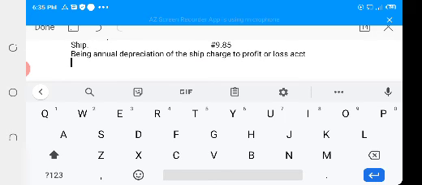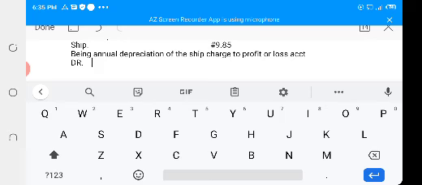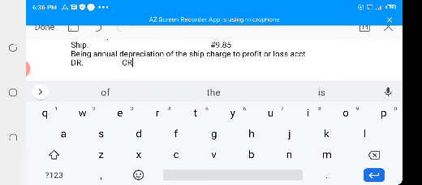So for the overhaul, we have the same thing. We have debit and credit.